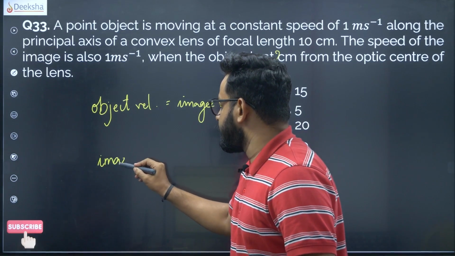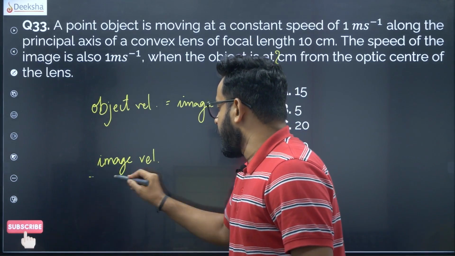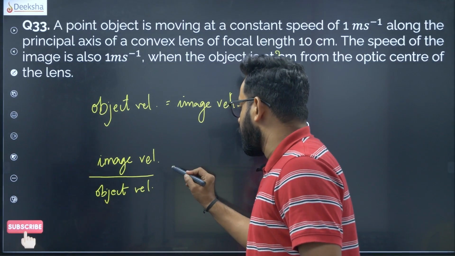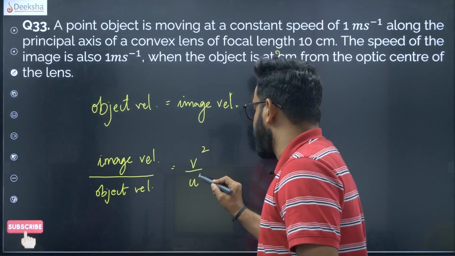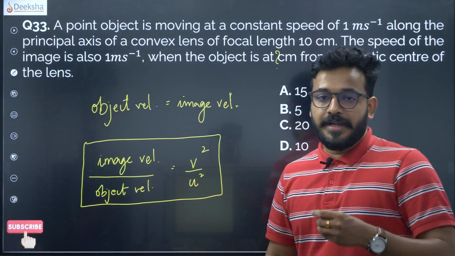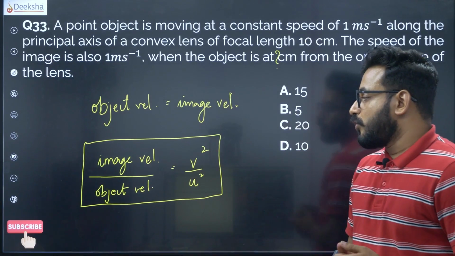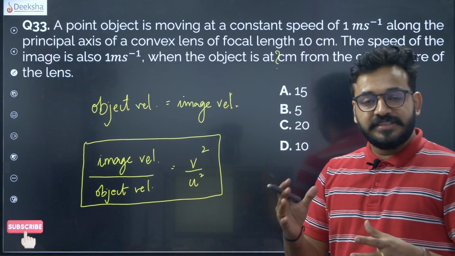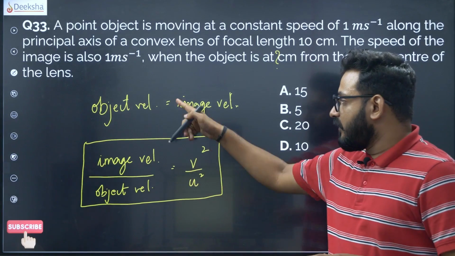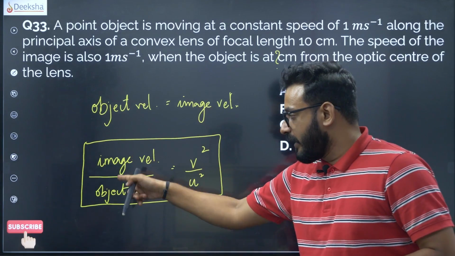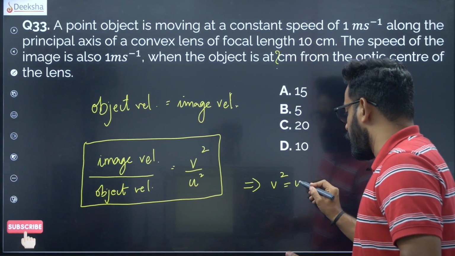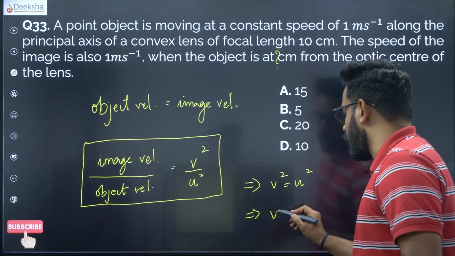Image velocity by object velocity is equal to V square by U square. This is a very, very important result. You can take a note of it if you didn't have any idea about this. So image velocity divided by object velocity is simply V square by U square, image distance square by object distance square. Now that they are both equal, numerator and denominator are equal, this implies that V square is equal to U square, which implies that V is equal to U.